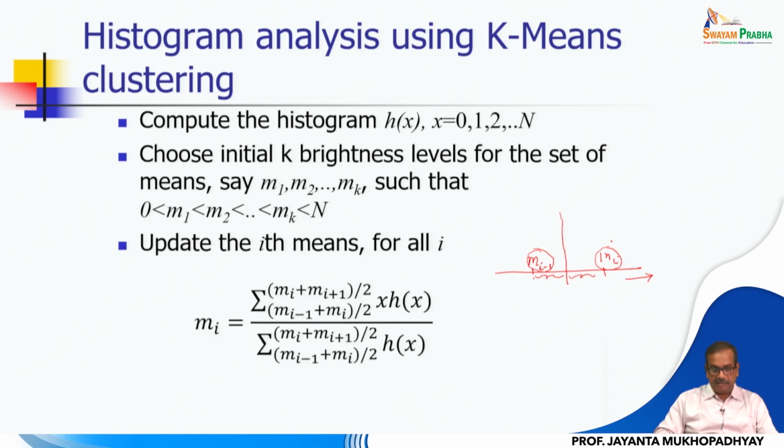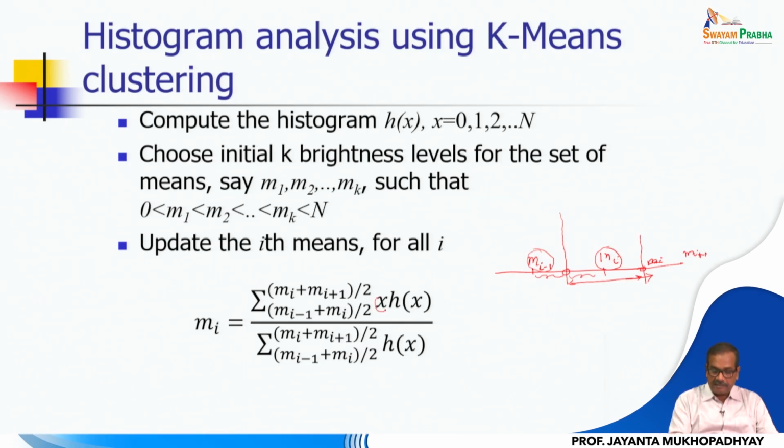So this expression means that the new updated center would be like this. I am updating m_i. The brightness levels closest to m_i should be between the halfway points: if this is m_i and this is m_{i+1}, then half of this interval and half of that interval, all these brightness levels are closest to m_i.